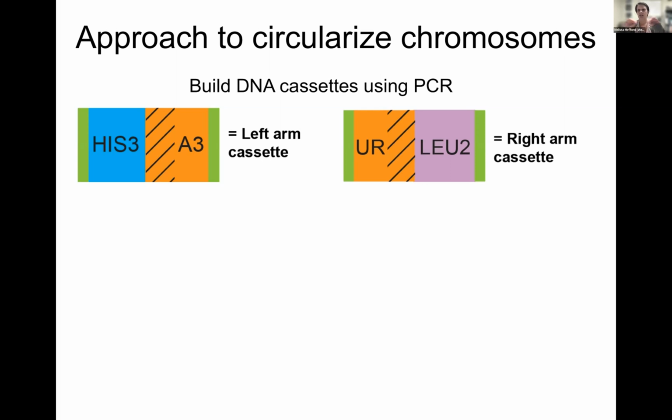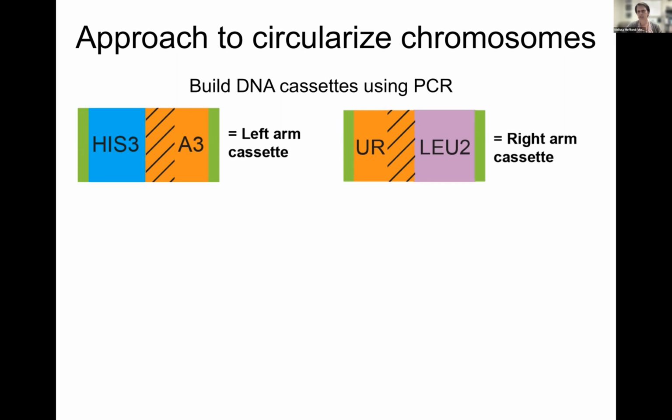Since this gene is split into 2, it's not functional, but we have shown by the striped area a region of homology that will allow that gene to recombine and form an intact version that is going to be important in our last step for selecting for circularization. And then the last thing that we add to the cassette is shown in green. We have a bit of homology to the particular chromosome arm that we want these cassettes to go into.